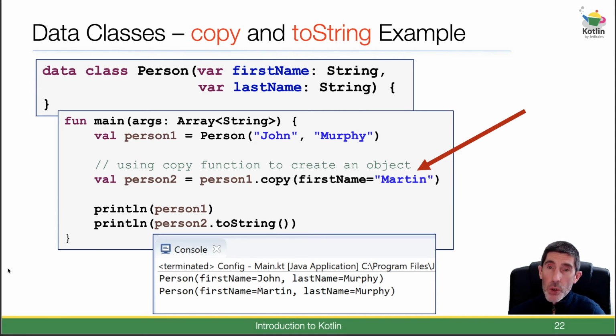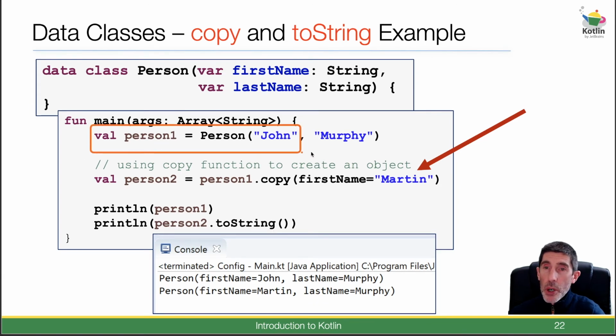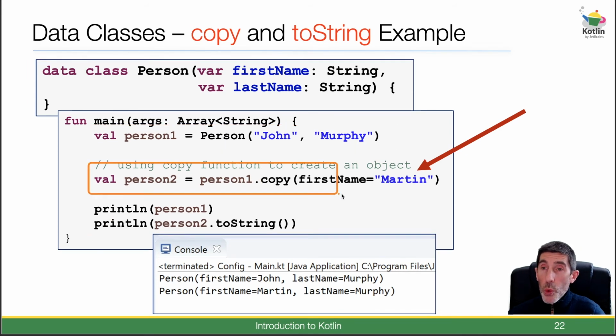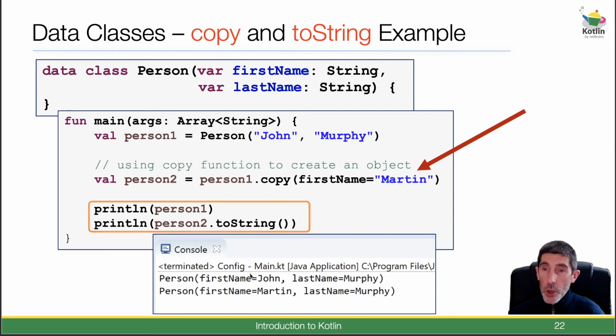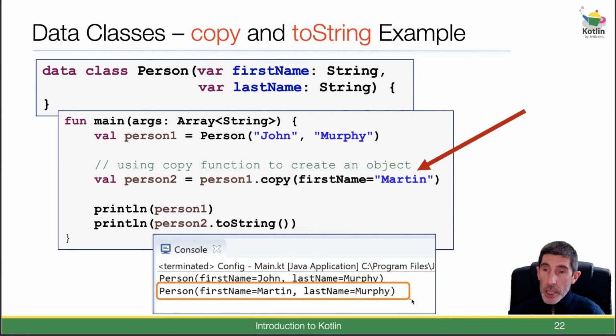Initially we would have declared val person1, John Murphy. Here we are, person2. We're copying person1, but it's going to be a true copy. So when we print out person1 and person2, person1 is John Murphy, which is what we'd expect, but in person2 we've actually updated the first name, which is a nice thing to be able to do using .copy.